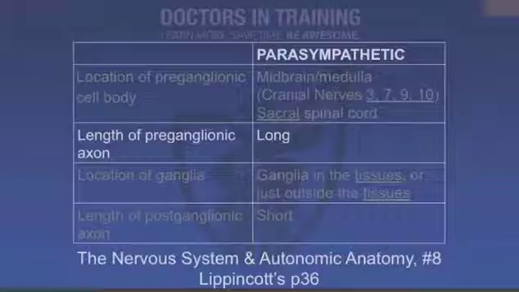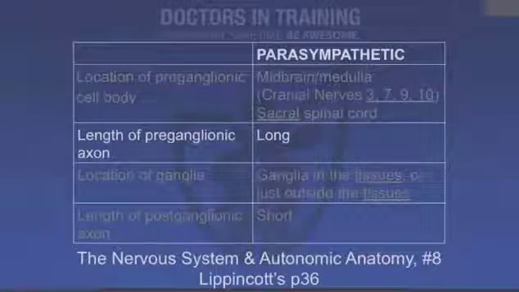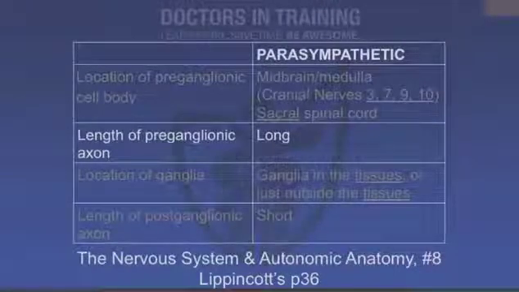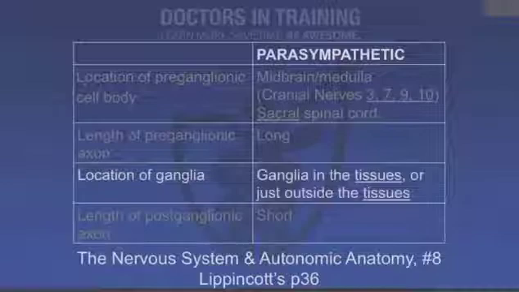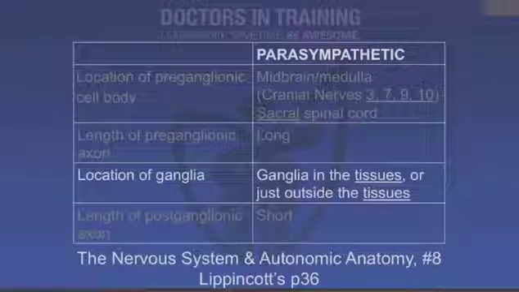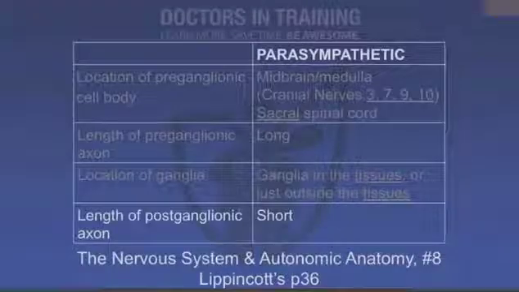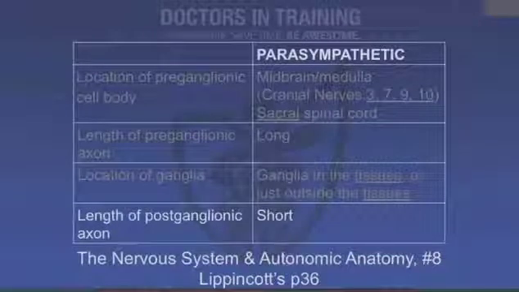The preganglionic axons exit the spinal cord or exit the midbrain, and they're carried out not to a chain of ganglia like the sympathetic system was, but they have long preganglionic axons that go out to the visceral organs. And they synapse in ganglia, but those ganglia are either distributed in the tissues or in ganglia that are just outside the tissues. And so they synapse in those ganglia, and then they project short postganglionic axons to their effector organs.